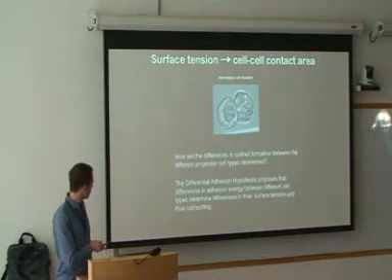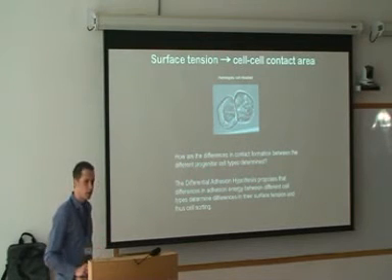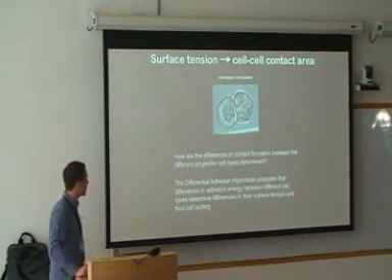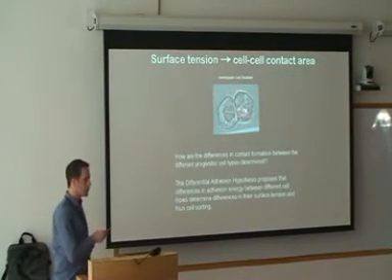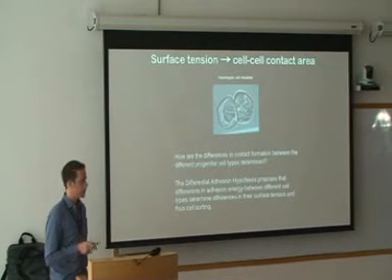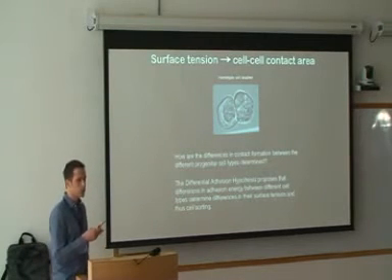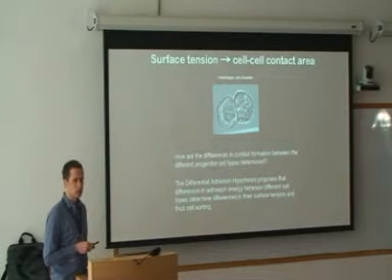In his well-known hypothesis, at least in the developmental biology community, the differential adhesion hypothesis, he says that these two cells will increase their contact area mainly because they are more adhesive and they express more adhesion molecules. That was his simplification: the number of adhesion molecules would determine the size of the contact.